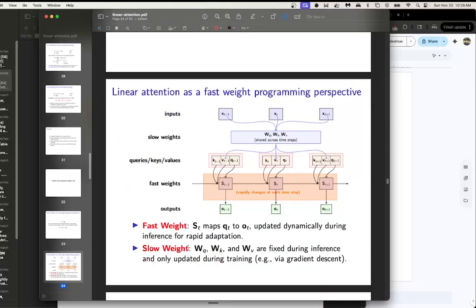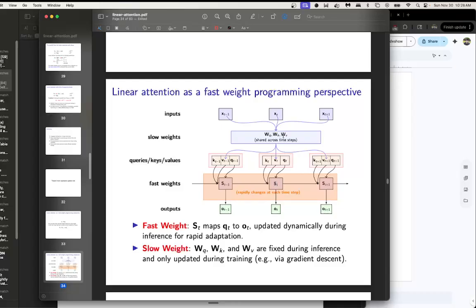Basically, what this means is that our regular WQ, WK, WV projection matrices are, quote-unquote, slow weights that are shared across all time steps for the full sequence and are only updated once, by gradient descent per training step, versus the S of t state matrix here, which is more like a fast weight matrix that is updated on every single step.